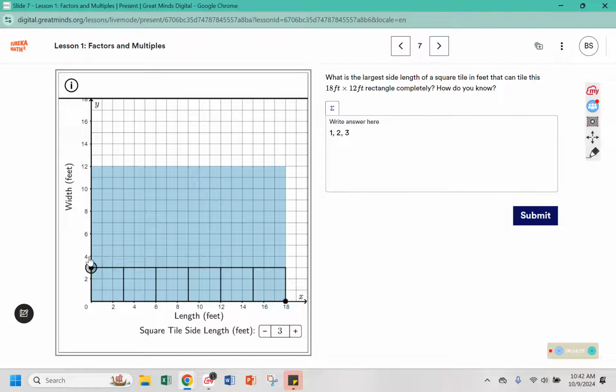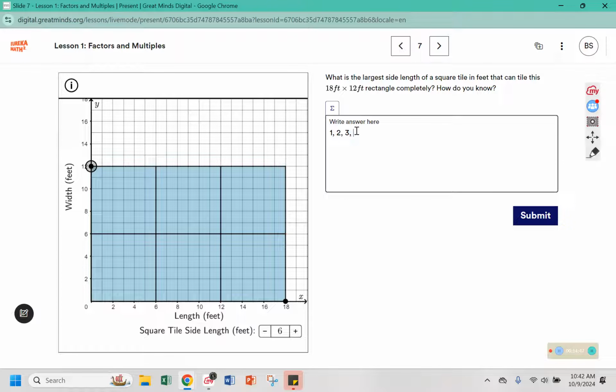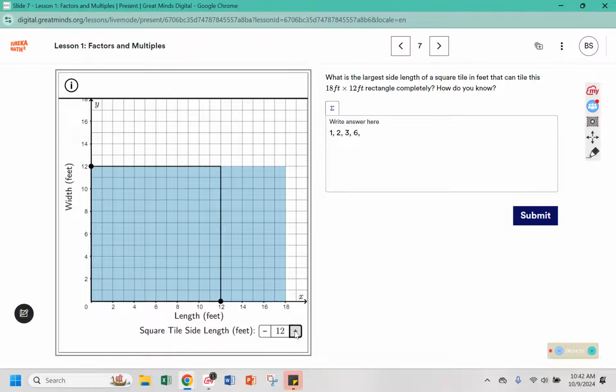And 3 times 4 makes 12. 4 does not work for 18. 5 does not work for either. Our multiples of 5 are 5, 10, and 15. 6 times 3 is 18, and 6 times 2 is 12. 7 won't work. 8 will not work. 9. The only other option would be 12, but that does not work for the 18.